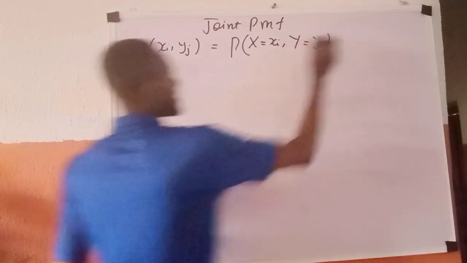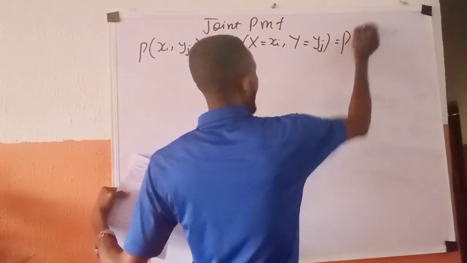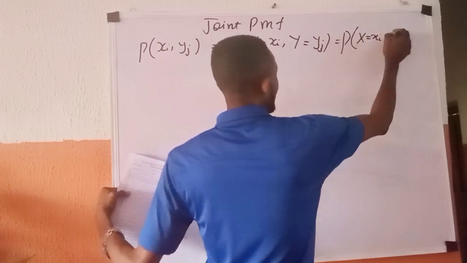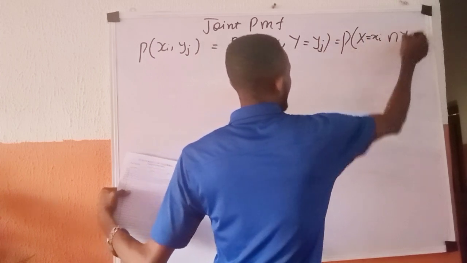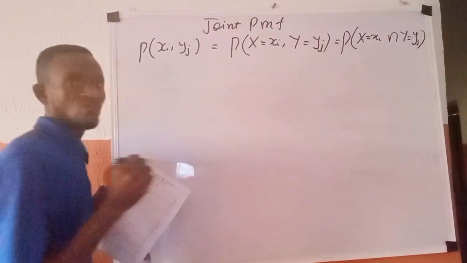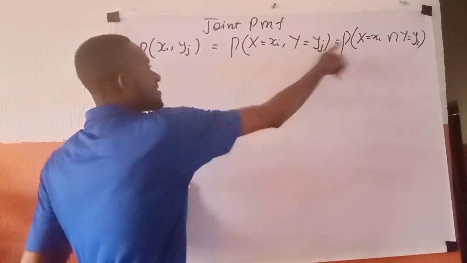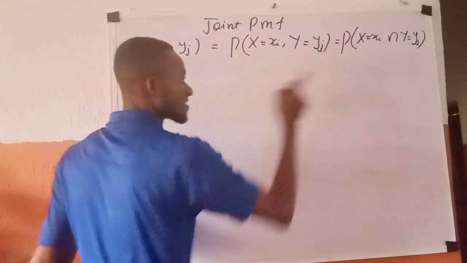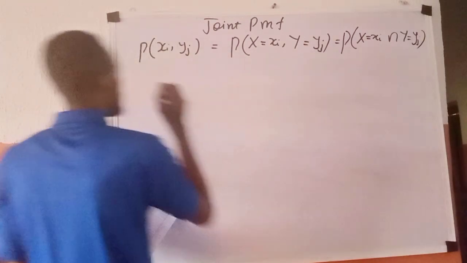Which of course is still the same thing as saying the probability that capital X takes a value xi intersection that capital Y takes a value yj. When we define probabilities this way, such that these probabilities satisfy these two conditions.